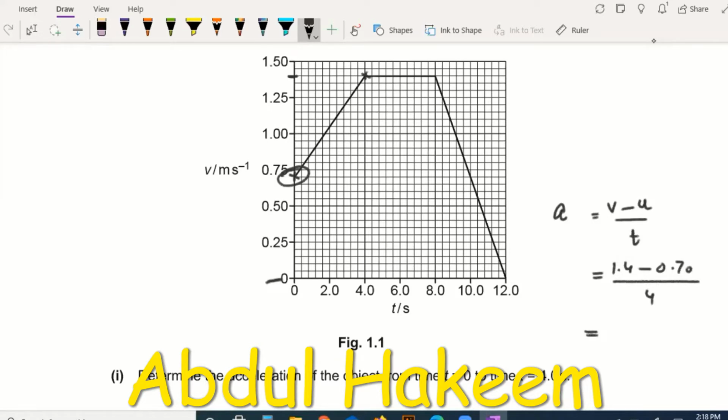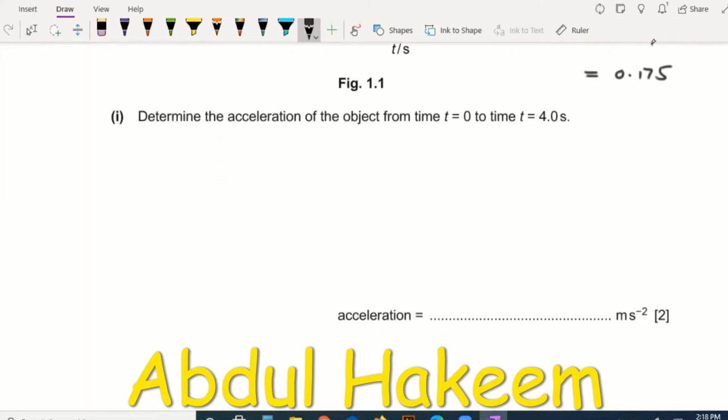So (1.4 - 0.7) divided by 4, the answer will be 0.175, or we can write 0.18 meter per second squared.